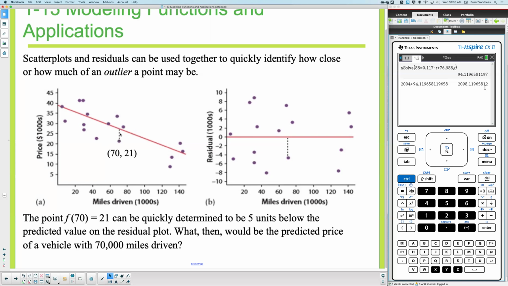So what does that mean? If it's 5 below, what was the predicted value at 70? Not 75. It says below. 70 is the x. We're not going left and right. We're not changing that.